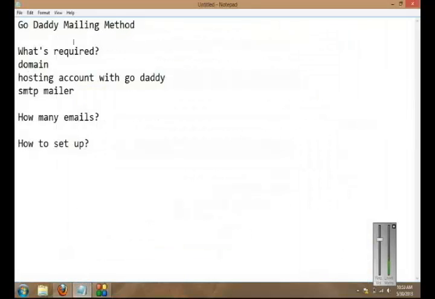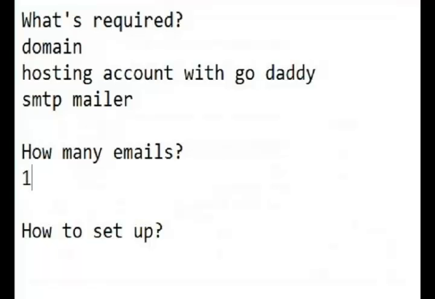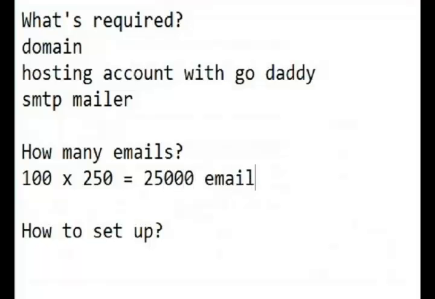Now, that being said, if you have 100 email accounts, in each of which you can send 250 emails, you can theoretically send 25,000 emails out per day through this method.